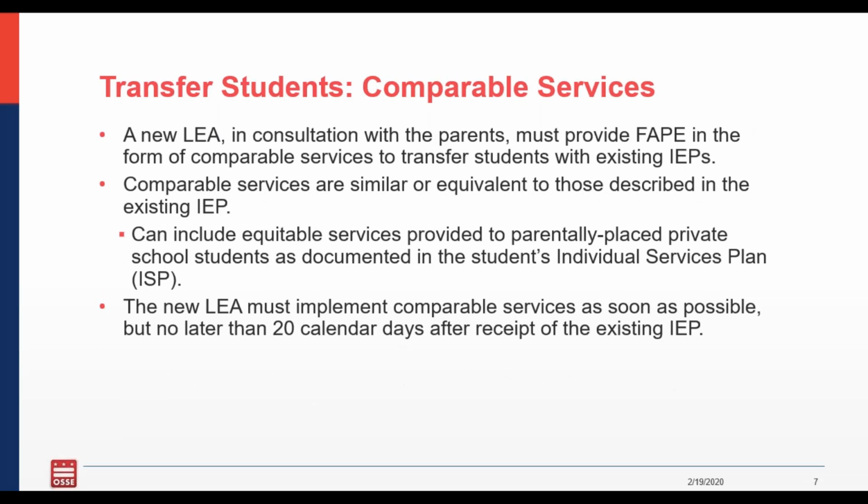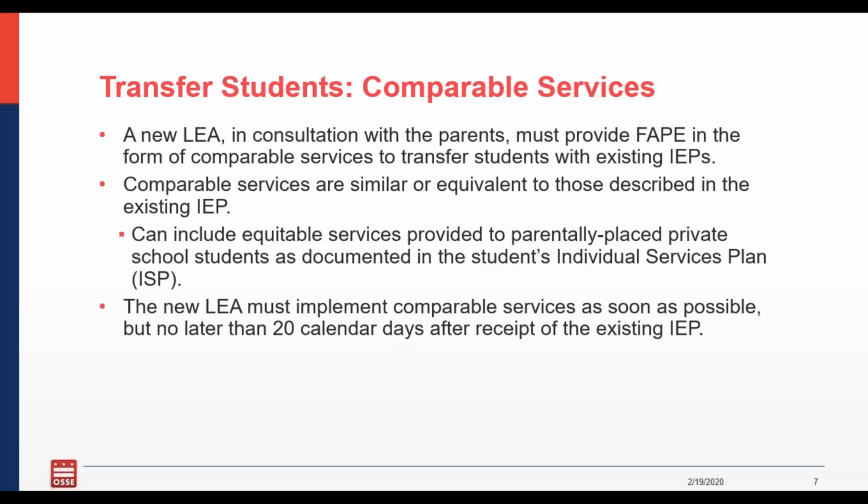So the new LEA, in consultation with the parents, is responsible for providing FAPE in the form of comparable services when students transfer in with an existing IEP. Comparable services are similar or equivalent to those described in the existing IEP. They are not exactly the same as, but they should be as close as possible. And if a student is transferring into your LEA with a district IEP, it should be assumed that you are able to fully implement that IEP.